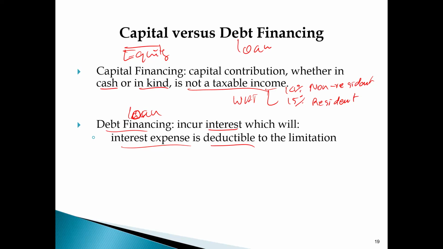We calculate the maximum interest expense deduction equal to, do you still remember? Does anyone still remember?